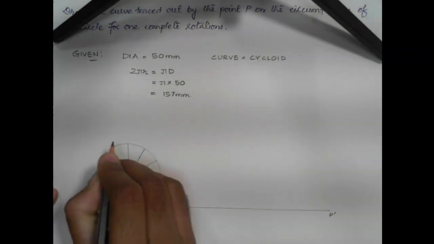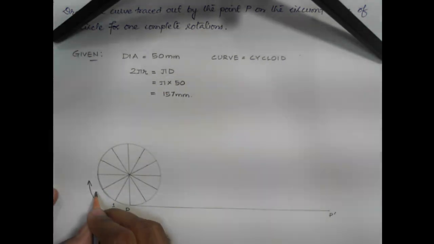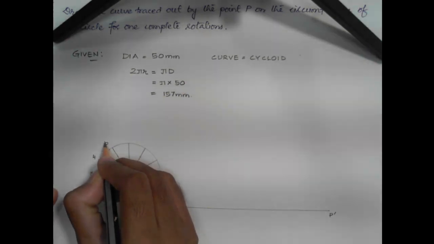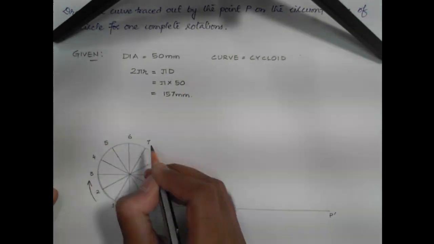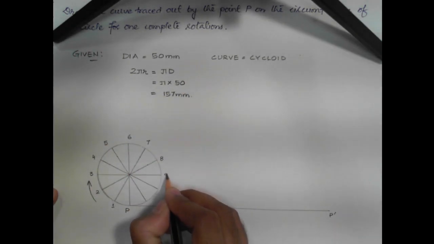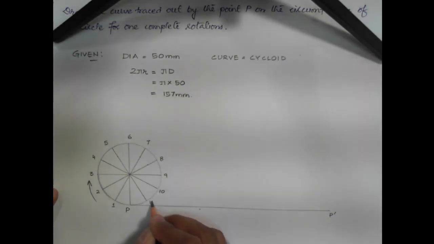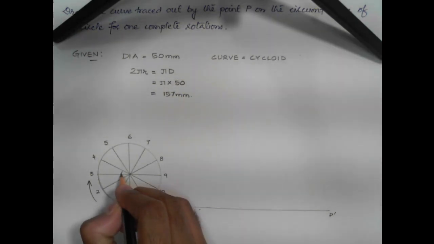After P, you will name the points 1 in clockwise direction, the direction the circle is moving, then 2, 3, 4, 5, 6, 7, 8, 9, 10, 11, and 12 is nothing but P. And let us keep this center as O.